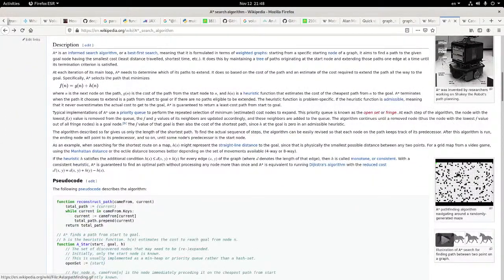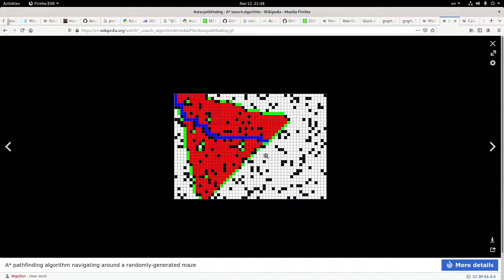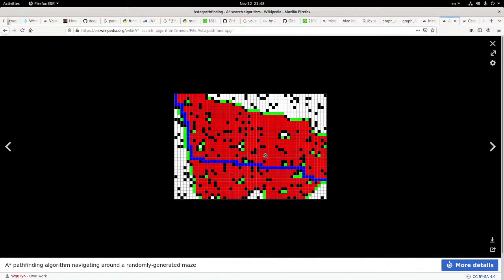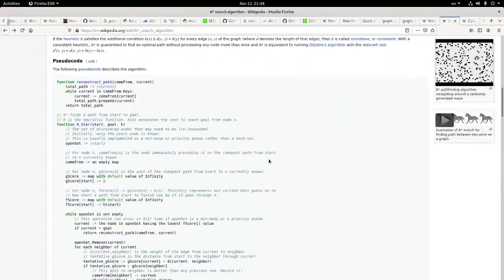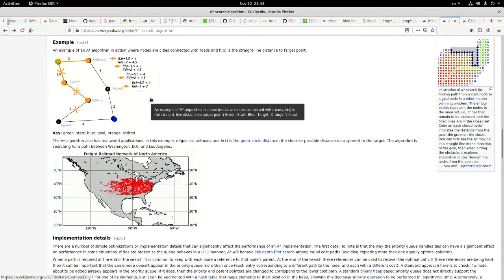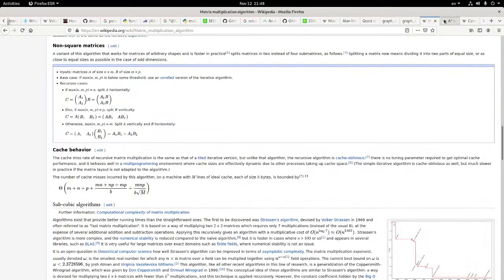Wow. Whoa. Fascinating. Pseudocode. Okay, I'm getting lost in the algorithm.